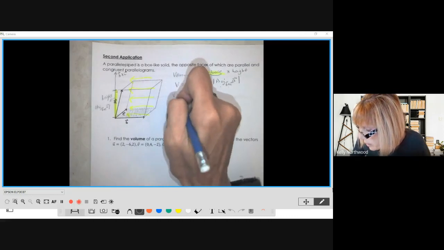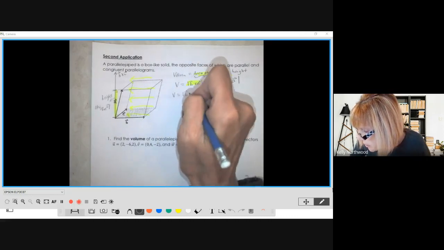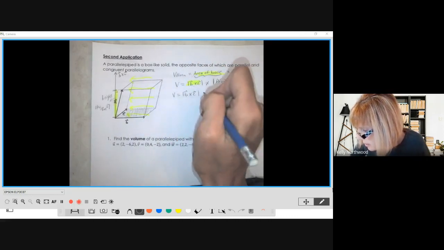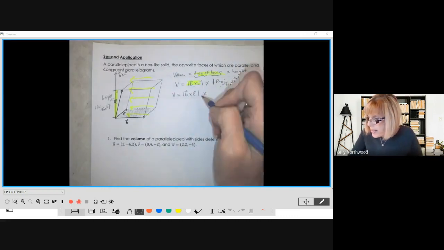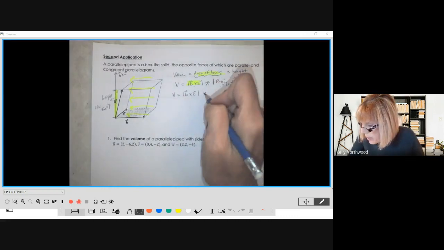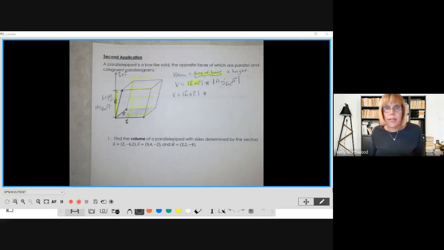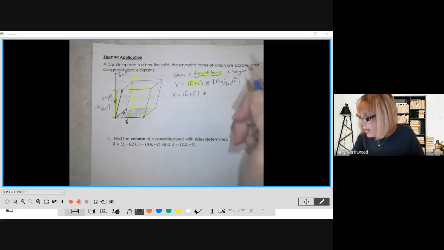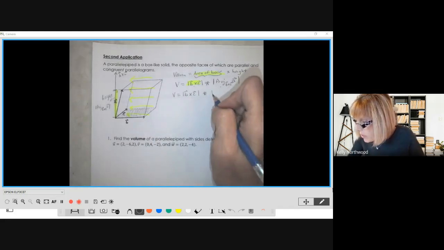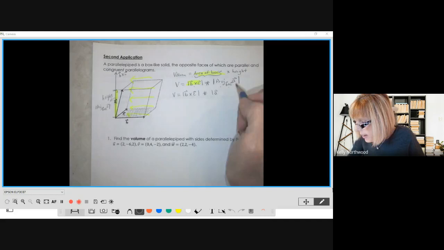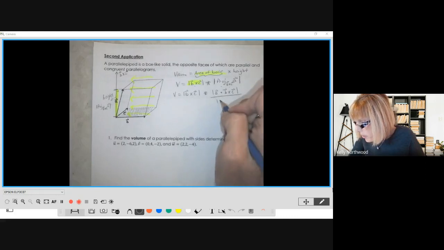So this formula looks complicated so far, but it's going to turn out to be really nice because, and this is a times sign, not a cross, so I'm going to make it into a star so we don't see it as a cross. The formula for the magnitude of a projection is the magnitude of A dotted with the little one, which is B cross C, over the magnitude of the little one.